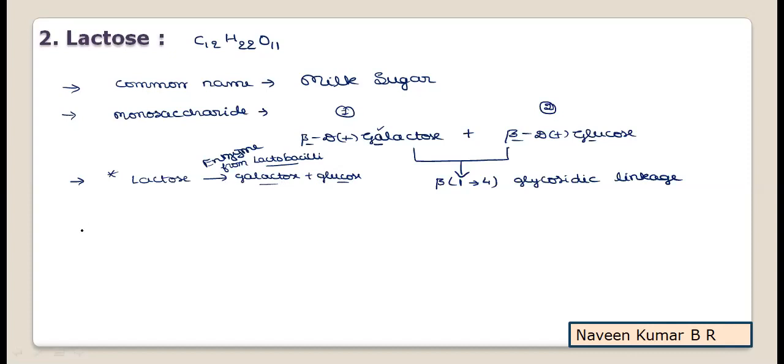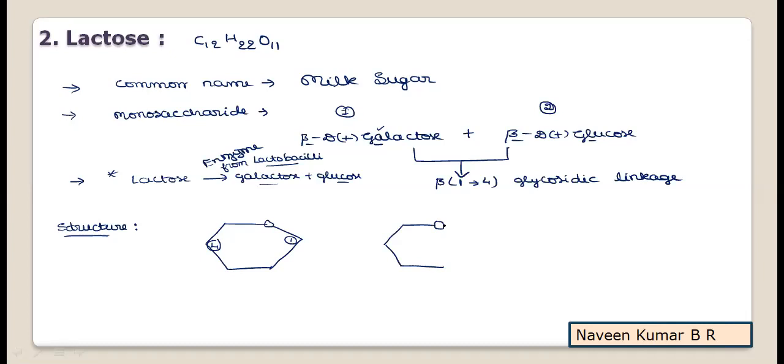Now we'll try to focus on the structure. Again, the Haworth structure you need to practice. A direct structure will be asked for 2 marks. Any other information will be 1 mark. When you are writing here, you write the 2 glucose structures first. In the first one, at the 4th carbon, you change the configuration, which will convert it into galactose.